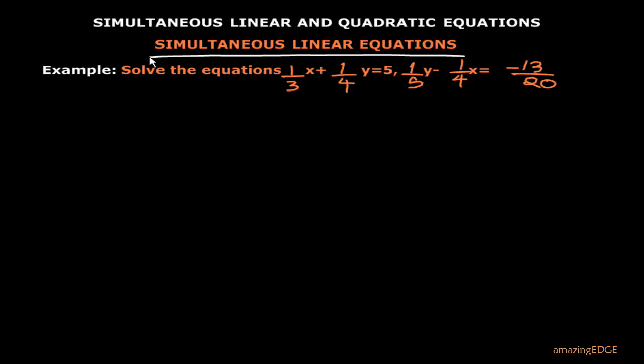But before then, I would like to make a little distinction between a linear equation and a quadratic equation. So recall that a linear equation at this level should be defined as y = mx + c. So it is an equation of this form such that m is the slope, x is the independent variable, c is a constant, and y is the dependent variable.